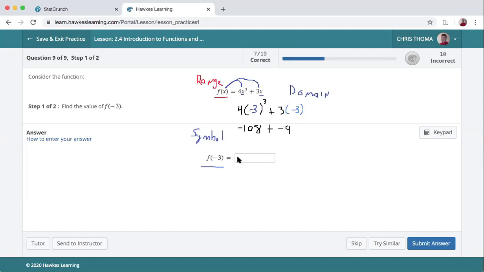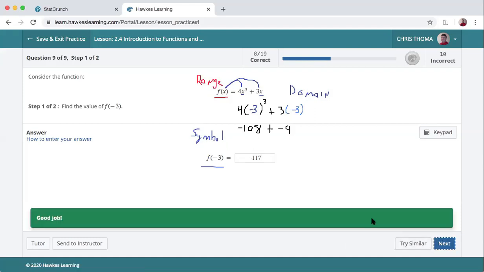There we go, negative. And -108 plus 9, 108 plus 9 is 117, and we keep the symbol of negative, so -117. So there are some simpler problems for domain and range.